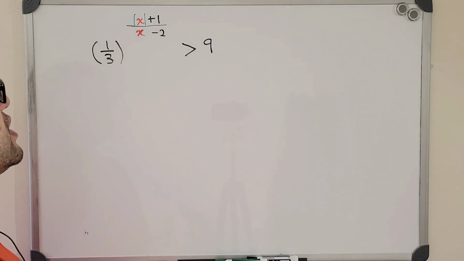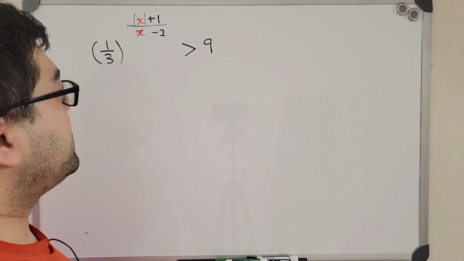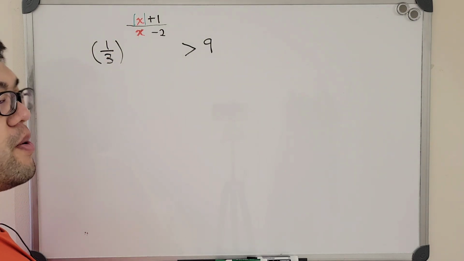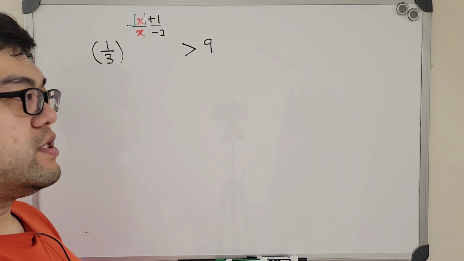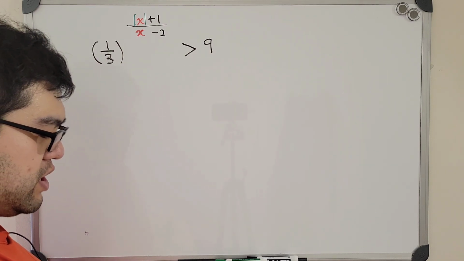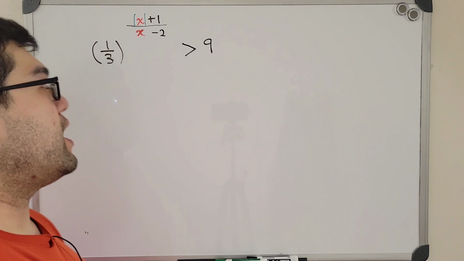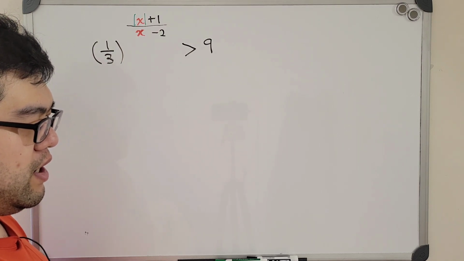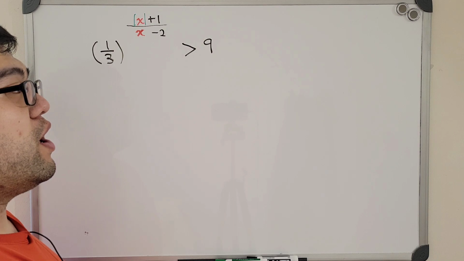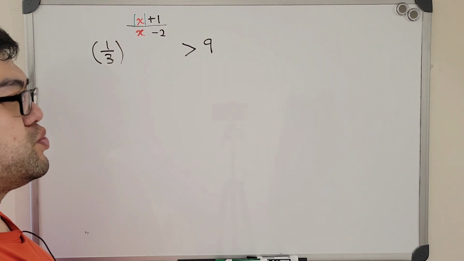And last but not least, we also have the modulus function. On the top part of the fraction, we have the absolute value that contains the variable inside, so that it's no longer a constant that we can simply determine right away and end up with just one result.